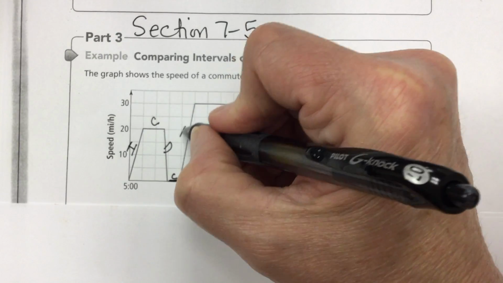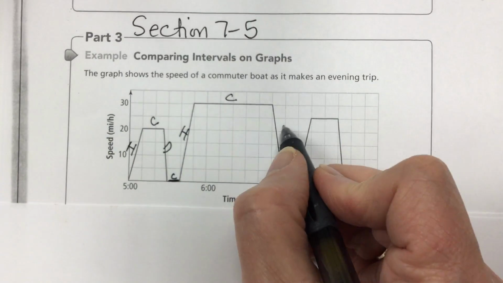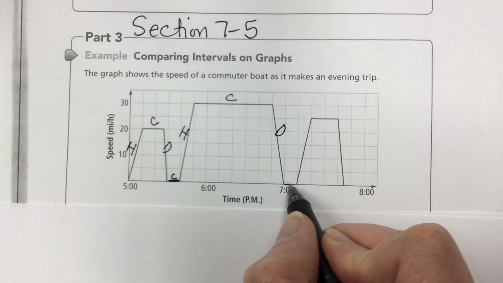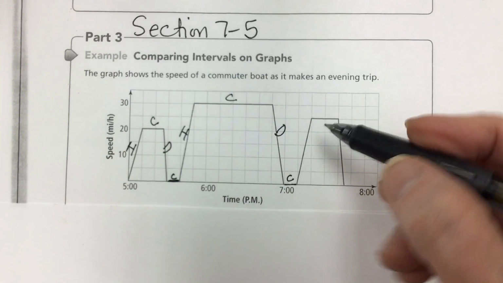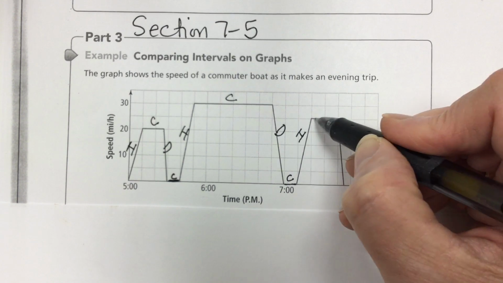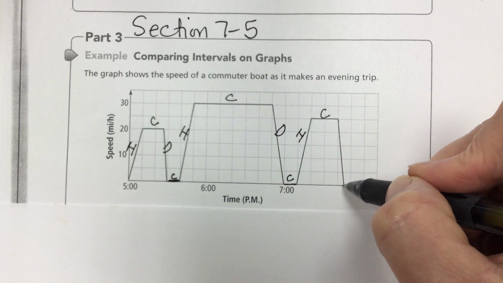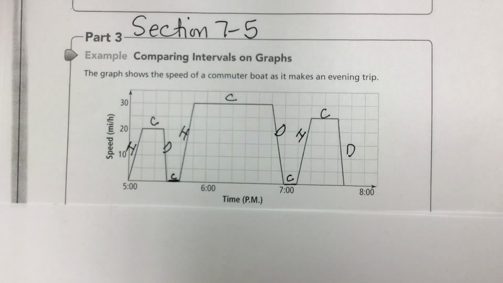Then we go up, that's increasing, all the way across is constant. Down is decreasing, down to the right. From here to here is constant. From here up is increasing. Here straight across horizontally, constant. And from here down is decreasing. Okay?